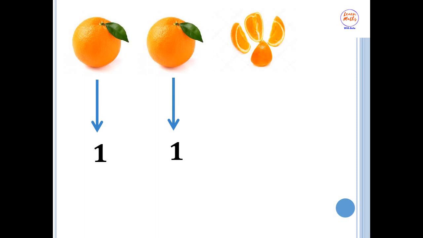So you know for yourself, since you are 4, you will take 1 out of the 4. So the fraction of the orange you took is what? 1/4. So you took 1 out of the 4. Your other siblings are also given 1 each.